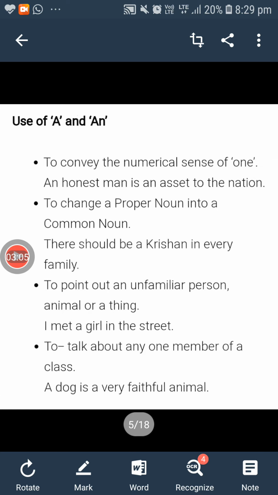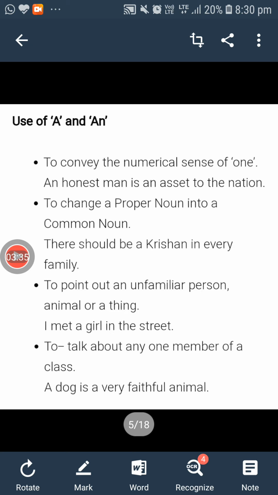To change a proper noun into a common noun, we use it, like there should be a Christian in every family. To point out an unfamiliar person, animal or thing, like I met a girl in the street. To talk about any one person of the class, like a dog is a very faithful animal. So this is the use of a.